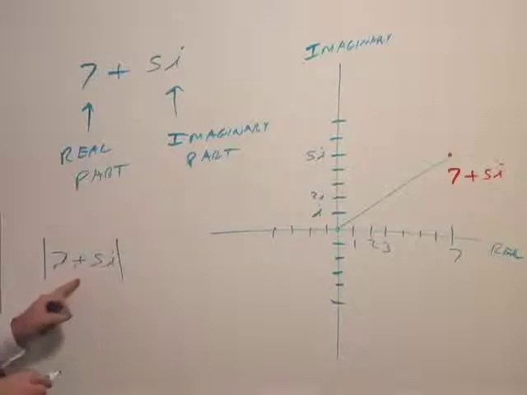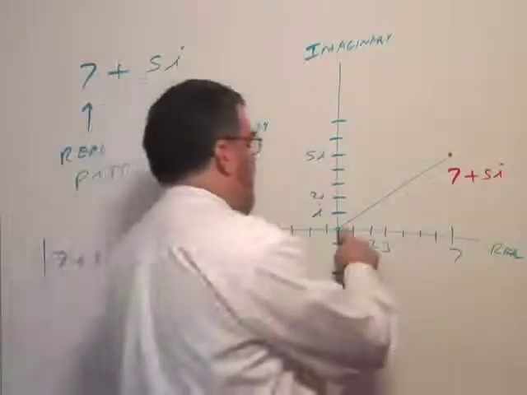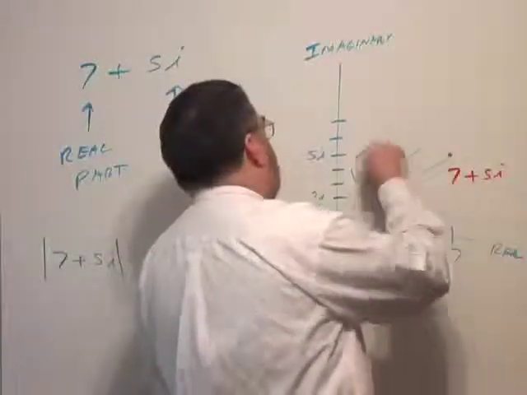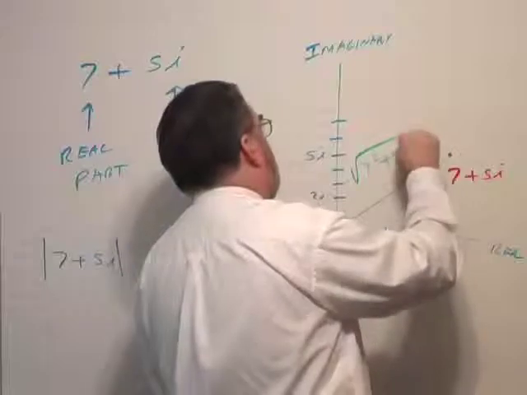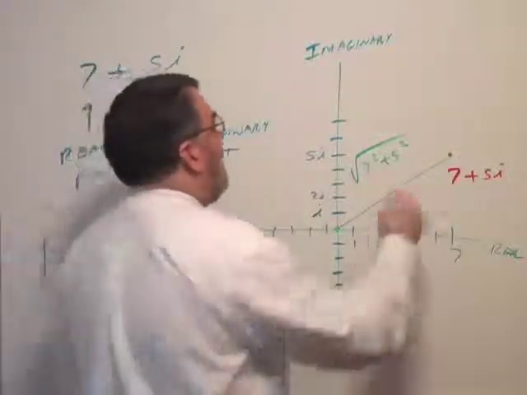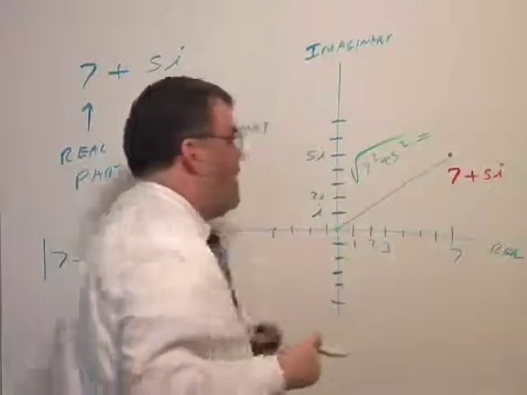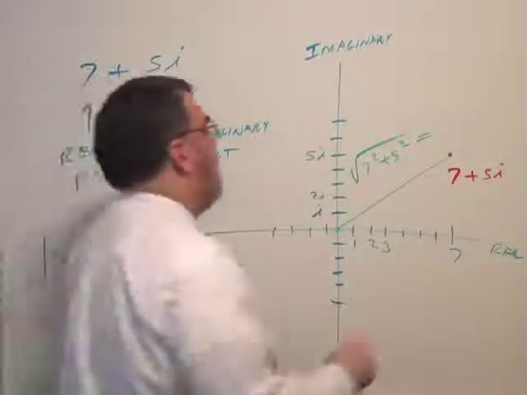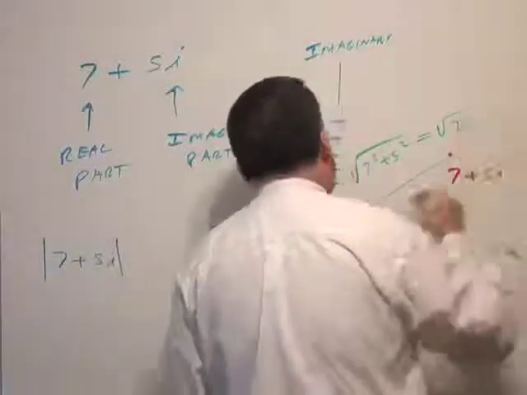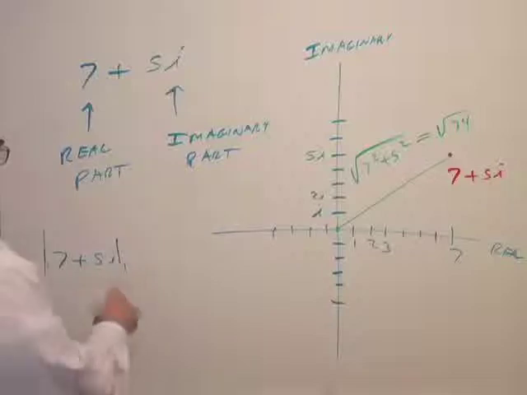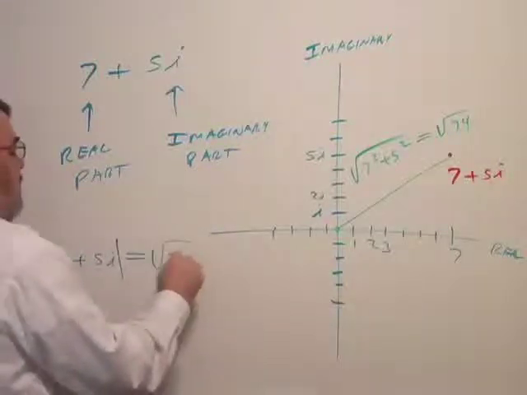I think it's also called a modulus, but I'll call it absolute value. And you could use the Pythagorean theorem, square root of 7 squared plus 5 squared. We're going to talk a lot about the Pythagorean theorem later on. But if you remember, this would be, let's see, 49 plus 25 is what, 74? Square root of 74. All right, so the absolute value of this number is square root of 74.